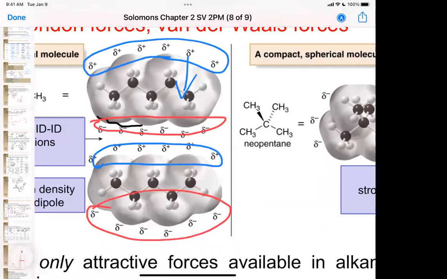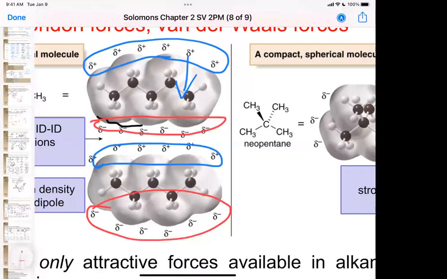Okay, so the partially negative side of this molecule is going to stick to the partially positive side of that molecule. Okay, so this is a weak interaction because you have to force it to have a dipole. But there's 2 things that'll govern it. Number 1, surface area and molecular shape.